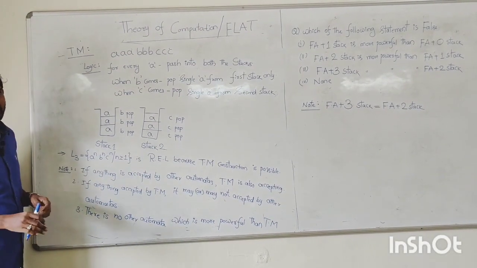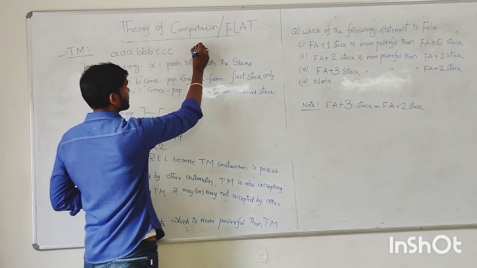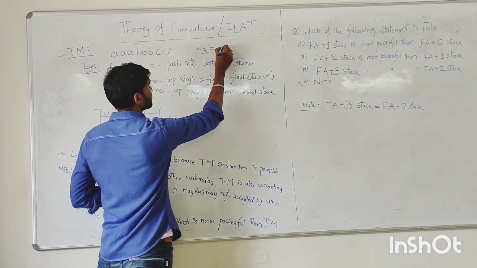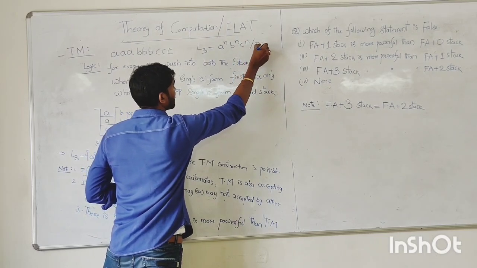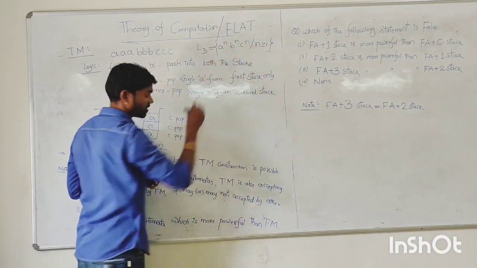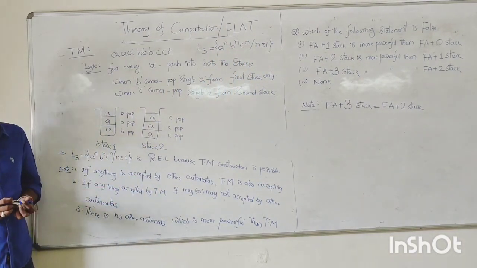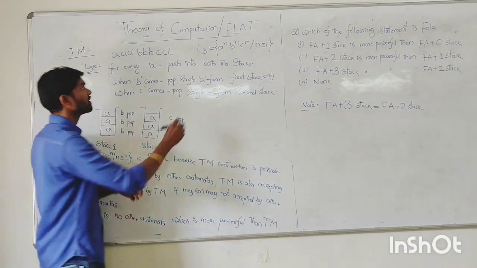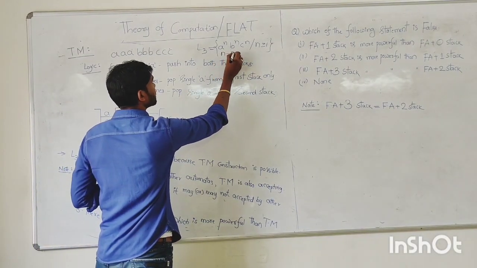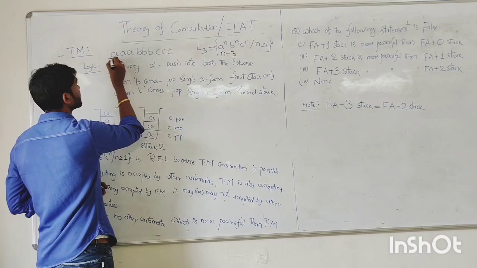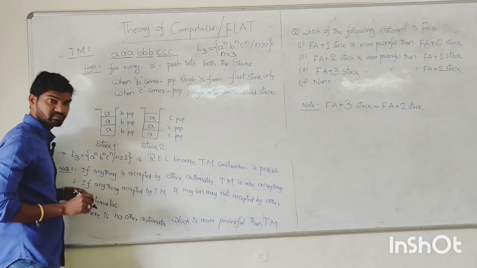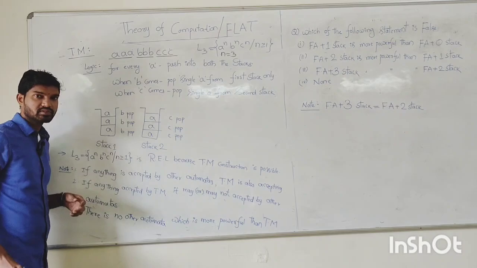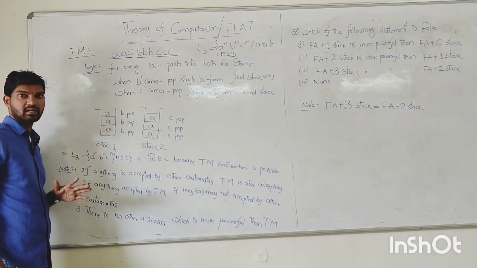Now coming to the same language L3, where I gave a power n, b power n, c power n, where n is greater than or equal to 1. For example, if you take n equal to 3, it means 3 a's, 3 b's, and 3 c's. For this language, pushdown automaton construction is not possible, as I already told you.